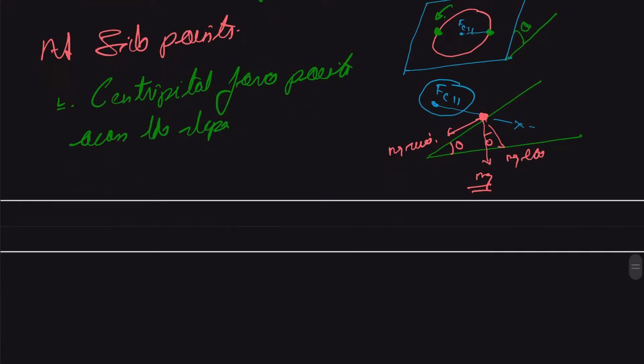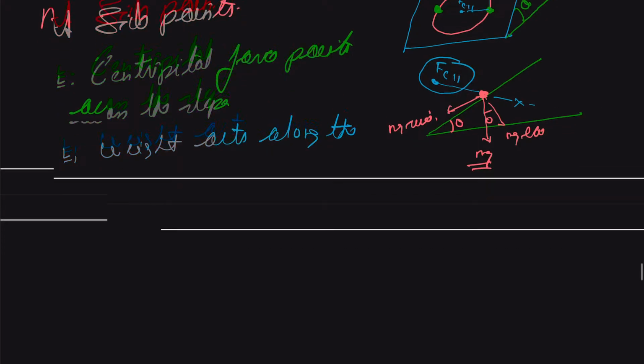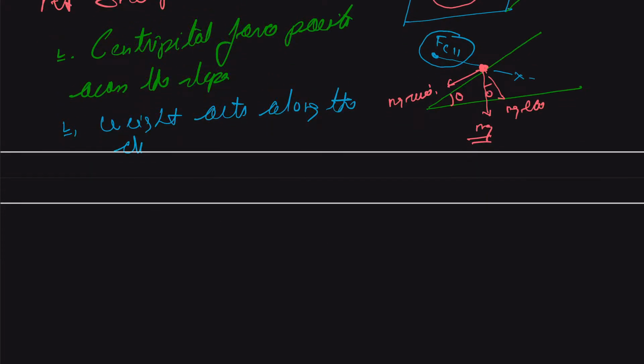And secondly, gravity acts along the direction of motion. Gravity means our weight mg. Weight acts along the direction of motion.